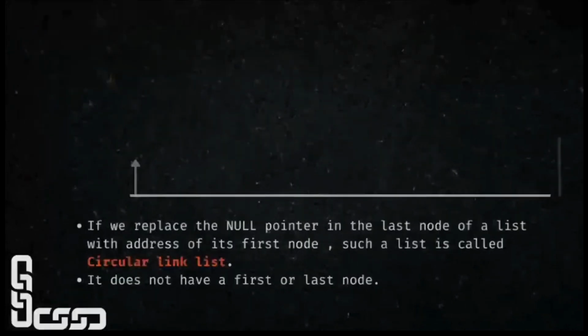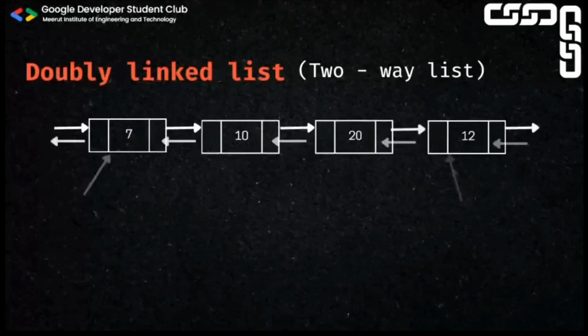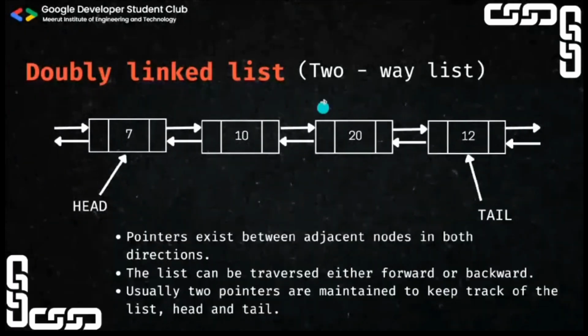The next type of linked list is the doubly linked list. Now, in this type of linked list, each node contains two addresses, the address to its next node as well as the address to its previous one. So this is also called a two-way list because you can traverse it in both directions. Suppose we go from here to the second node to the third node.